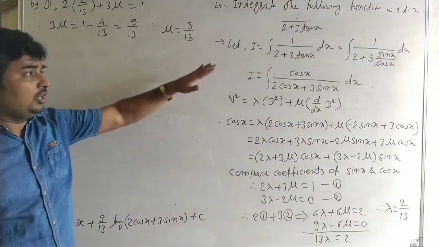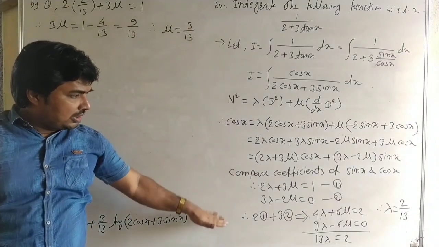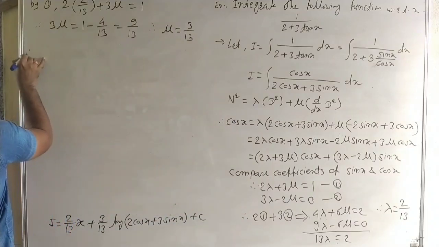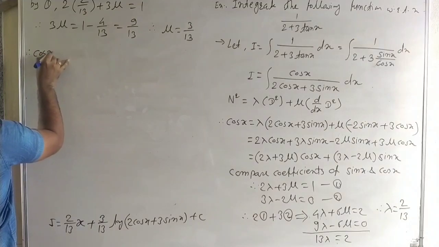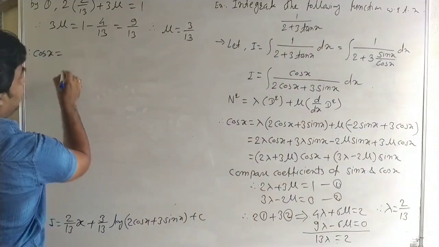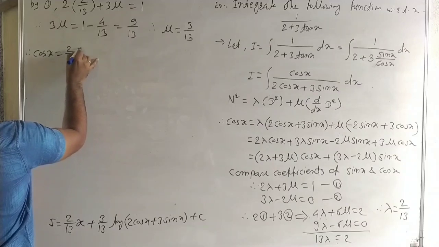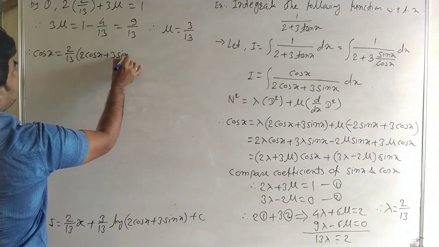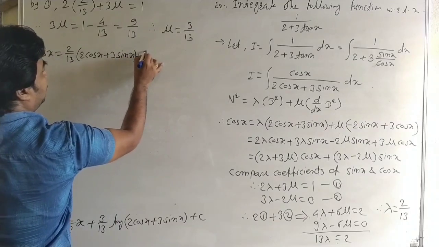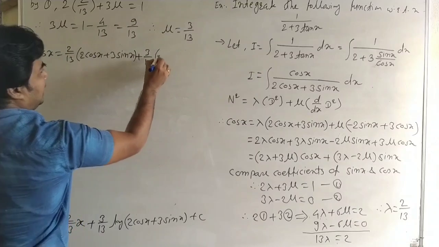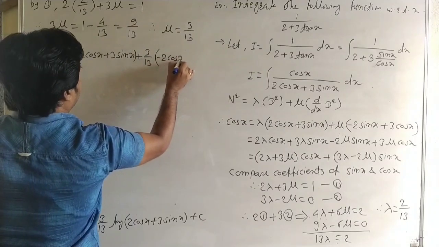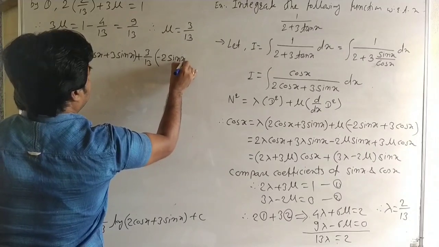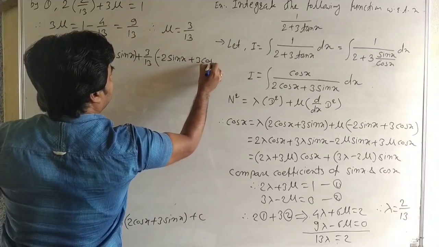We can directly write this, but for the board exam we can write step by step. Here we get lambda and mu, put these values. Therefore the numerator cos x is equal to lambda, 2 by 13, into 2 cos x plus 3 sin x, plus mu, 3 by 13, into the derivative, minus 2 sin x plus 3 cos x.